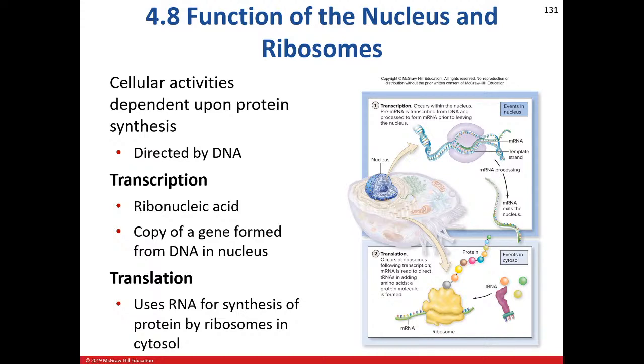This RNA copy or transcript is called mRNA, or messenger RNA. Then we send that mRNA out to a ribosome, and the ribosome will translate it and make a protein based on the instructions in the transcript.